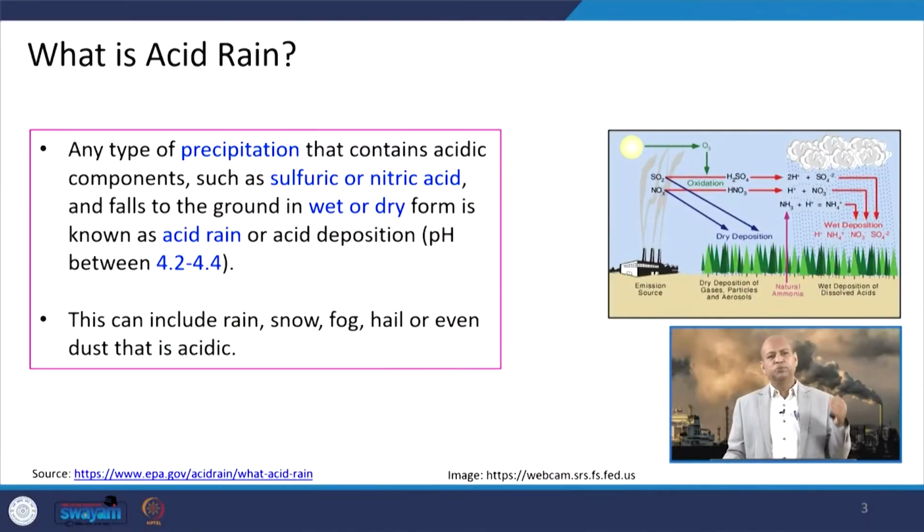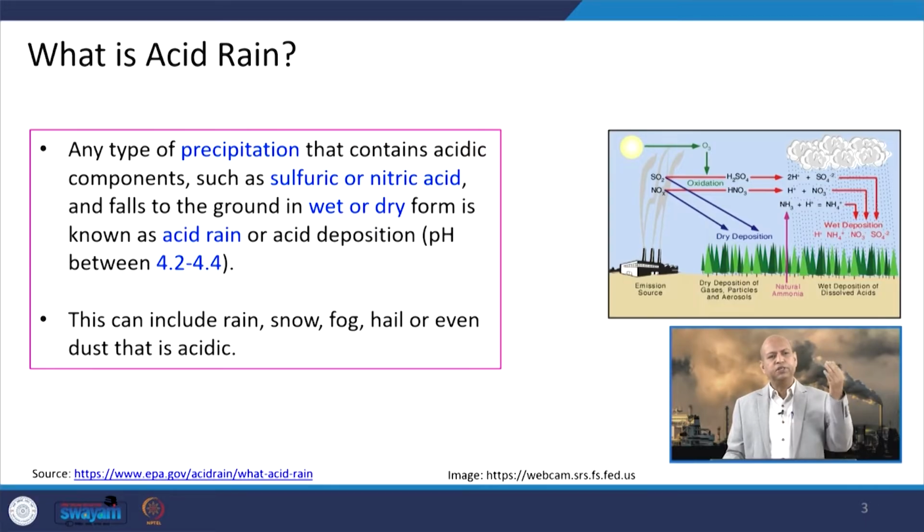But if the pH of the rain is in the range of 4.2 to 4.4, meaning less than 5, then we call it acid rain, because that indicates that some compounds or chemicals like sulfuric acid or nitric acid are present, due to sulfur dioxide and NOx reacting with the moisture of the atmosphere and ultimately creating these acids. Those acids become part of the droplets.